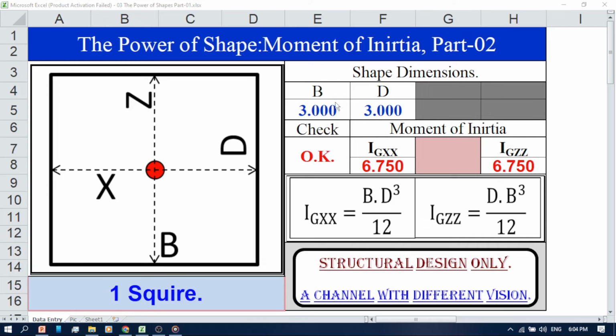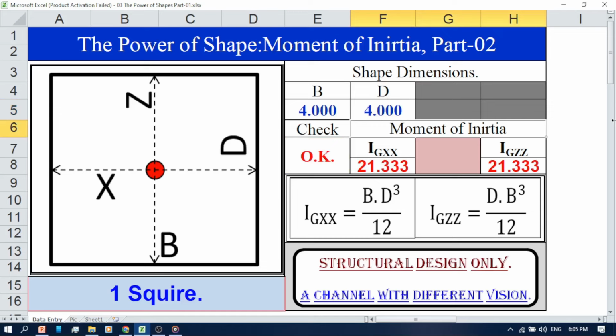to the power 4. Now I am changing the values, say b equals 4. After changing the value of b, we are getting some warning, and below the cells IXX and IZZ, there are no results. Because we know, for a square section, b must be equal to d, so I am also changing the value of d from 3 to 4.